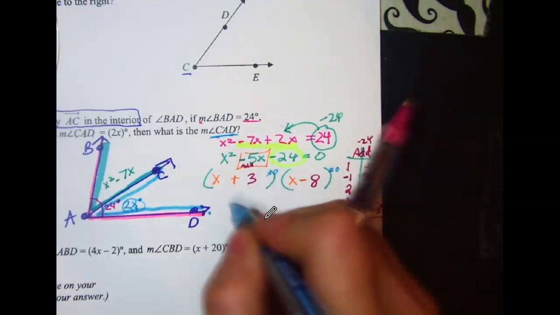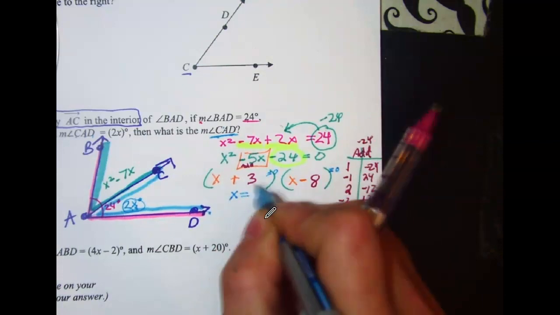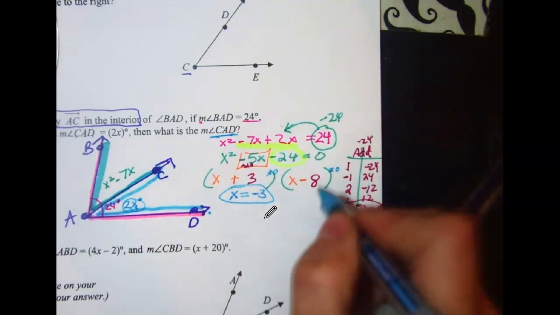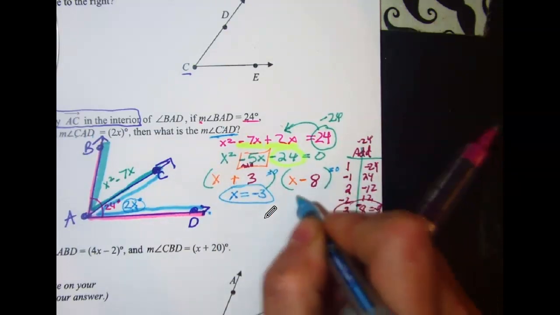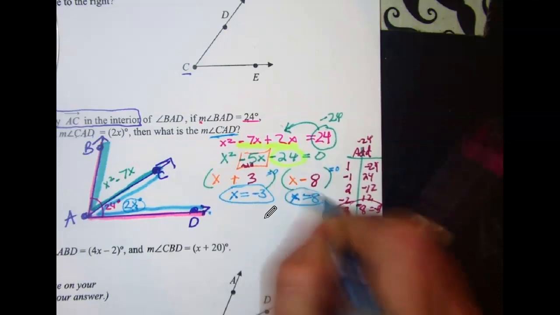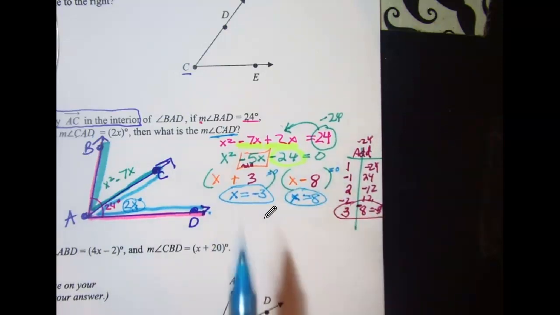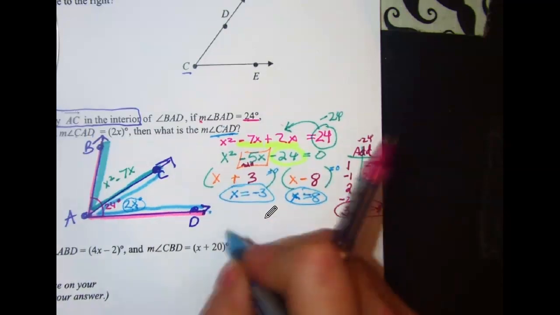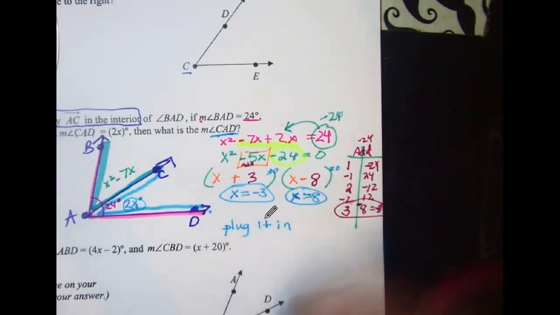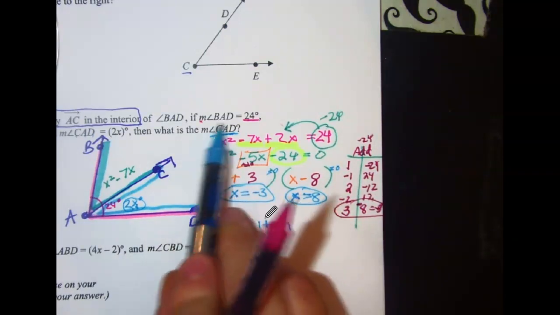You can also remember it's the opposite when you do the root. We have to figure out which one is the correct one to use, and then plug it in to find CAD.